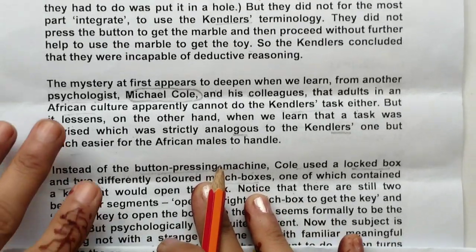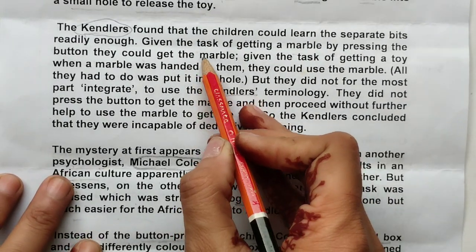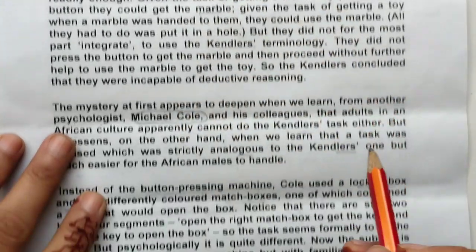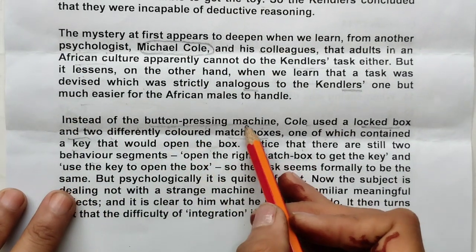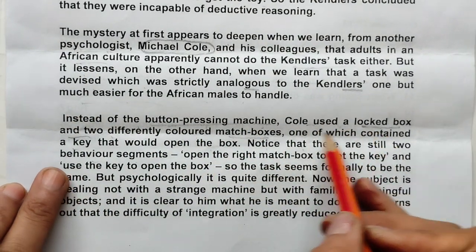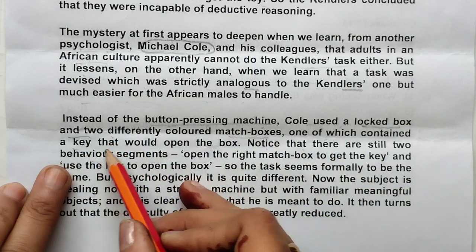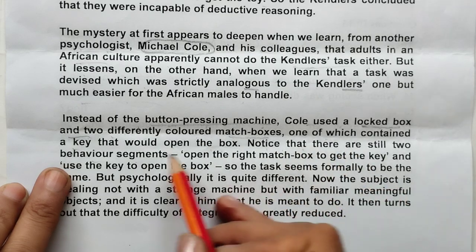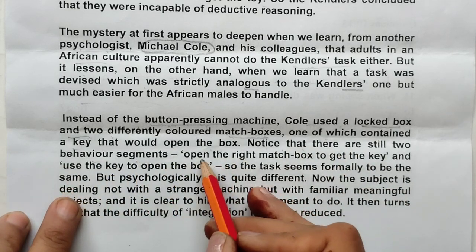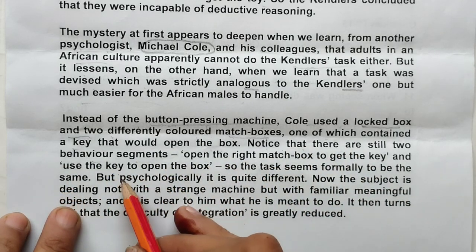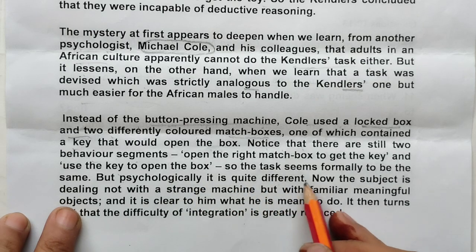So in the button pressing machine they were correlated with marble, and here also. Okay, so instead of a button pressing machine, Cole used a locked box and two matchboxes, one of which contained a key that would open the box. Notice there are still two behavior segments, but psychologically it is quite different.